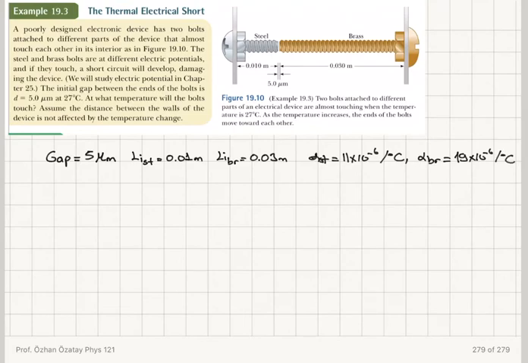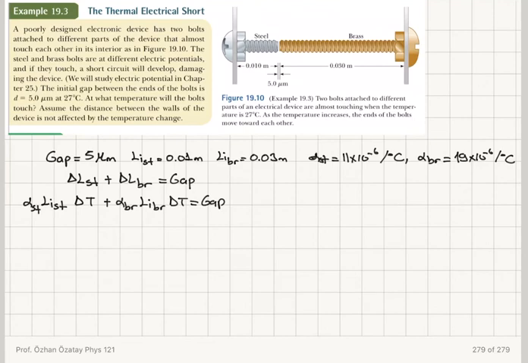So what I would like to have is the change in steel length plus the change in the brass length to be equal to the gap, so that they will touch each other and the short circuit will develop. Delta L steel is L initial steel times alpha steel times delta T, plus alpha brass times L initial brass times delta T. That will be equal to the gap.